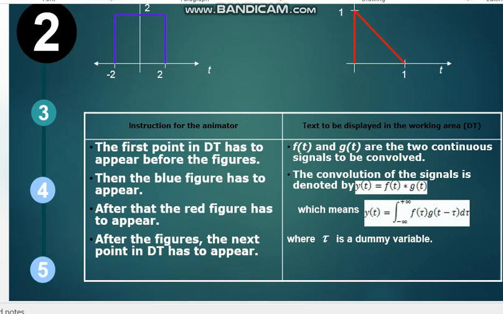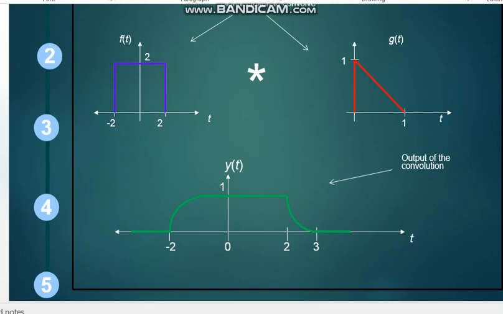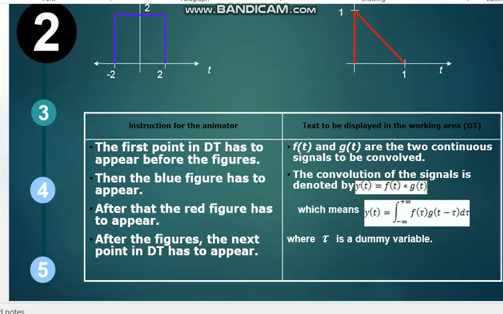That is the instruction for the animator, and the text to be displayed, and there is the dummy variable tau governed by this. So this is y(t) that we have seen before. We have to find f(t) convolved with g(t). In the next part, we get to the first step.